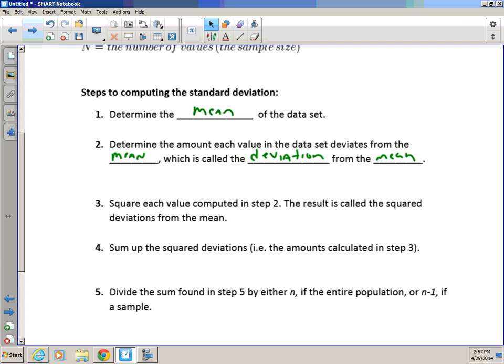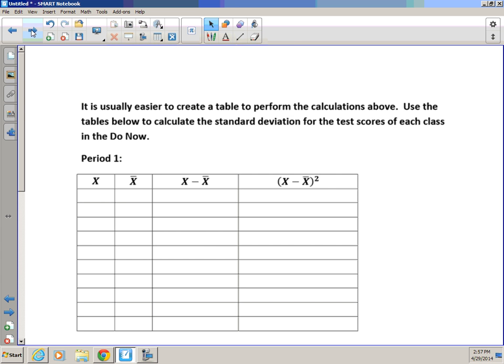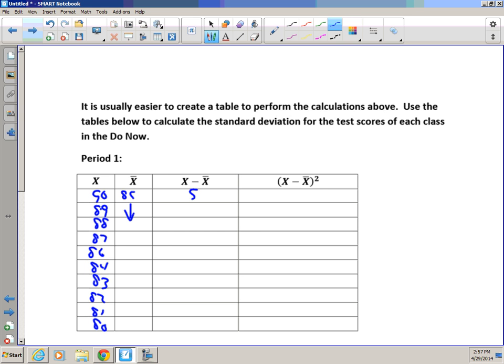So what we're going to do is compute the standard deviation by hand. So I'm going to list out all our scores. Our mean was 85. That's going to go all the way down. So I'm just going to do the subtraction.